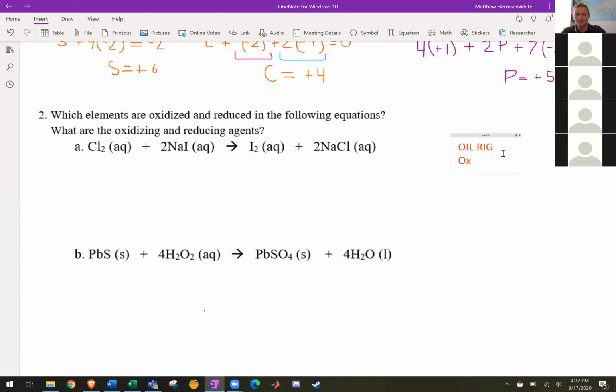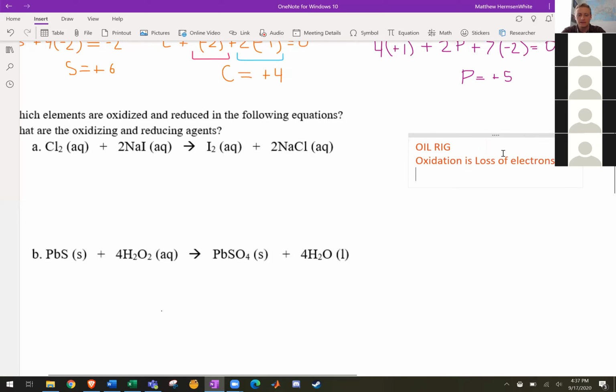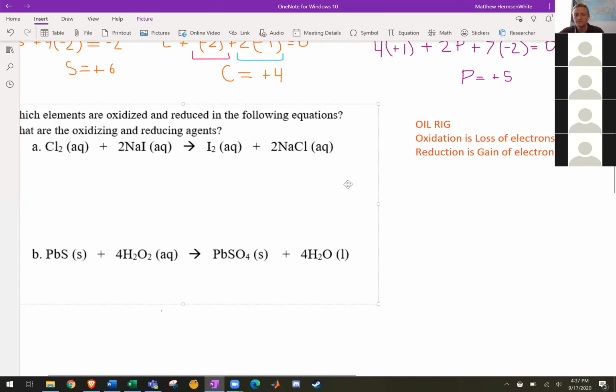Very good, yes. So Sarah said oxidation is loss of electrons, and reduction is gain of electrons. So that's where we get the OIL, oxidation is loss, and RIG, reduction is gain.